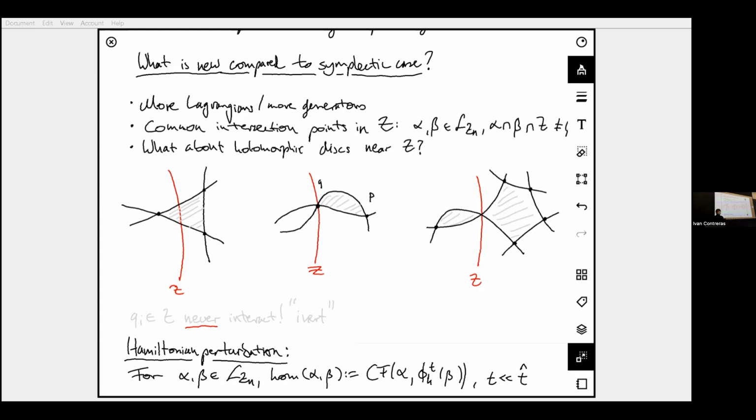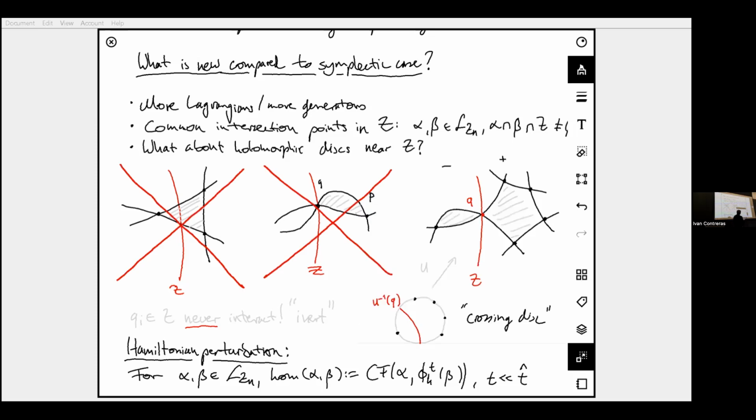So there will never be any disks going between points in the symplectic bulk and points in the singular locus. The singular locus intersection points need to be counted as intersection points. They're there, but they're entirely inert, in that any A infinity operation involving them will be trivial. So that's what was shown here.